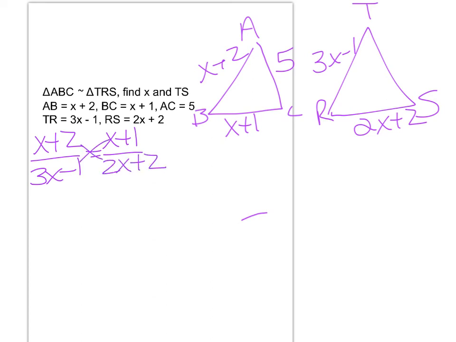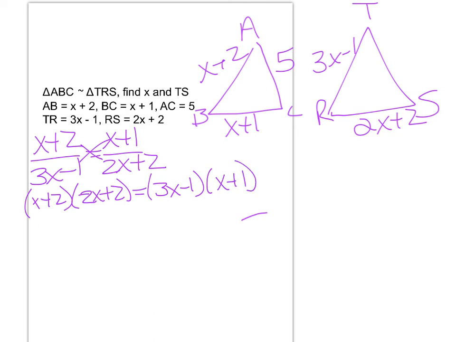So cross multiply: x plus 2 times 2x plus 2 would equal 3x minus 1 times x plus 1. This gives me 2x squared plus 6x plus 4 equals 3x squared plus 2x minus 1.